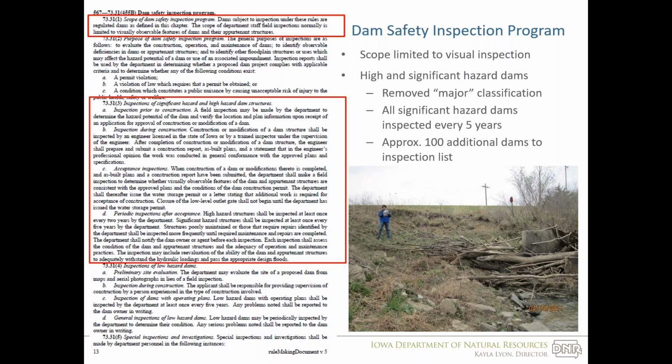The significant hazards will be inspected every 5 years. The change from only inspecting majors to all highs and significants will add about 100 significant hazards to our inspection list. And the high hazard dams will continue to be every 2 years.